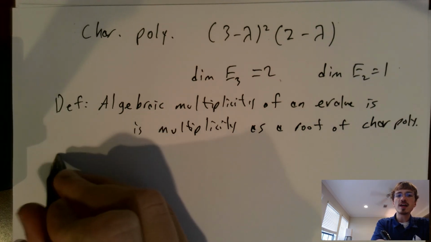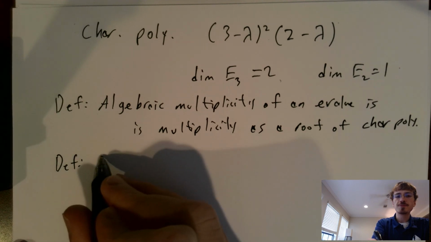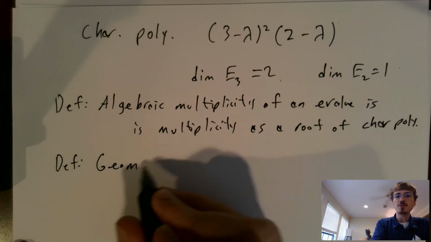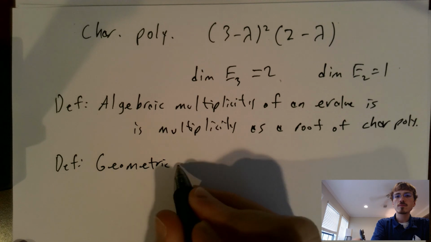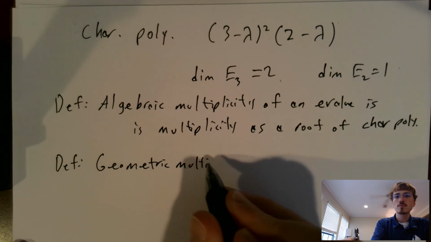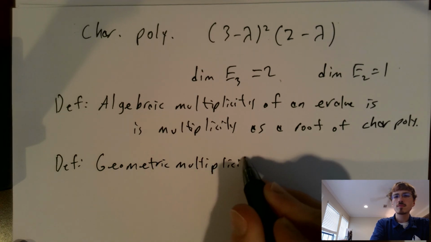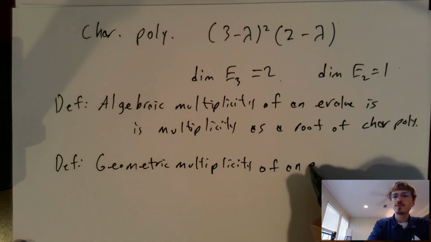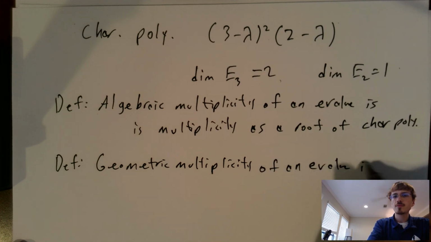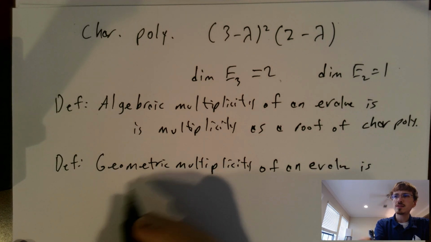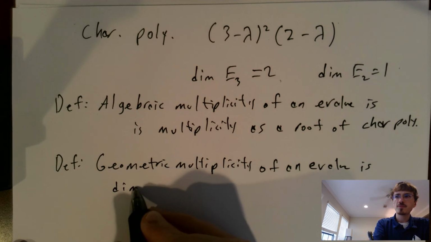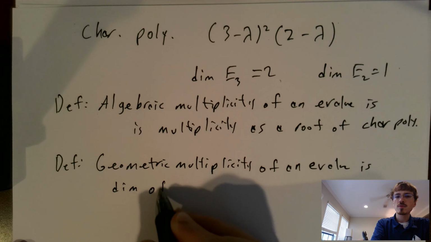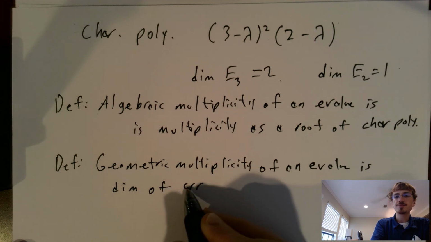And we say that, as another definition, the geometric multiplicity of an eigenvalue is the dimension of the corresponding eigenspace.